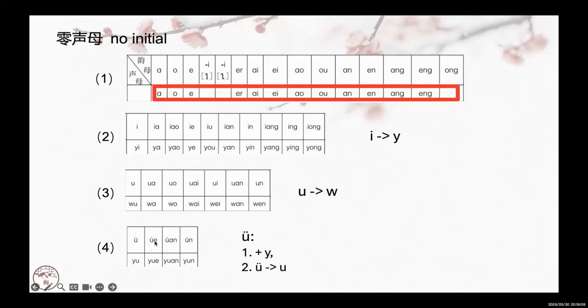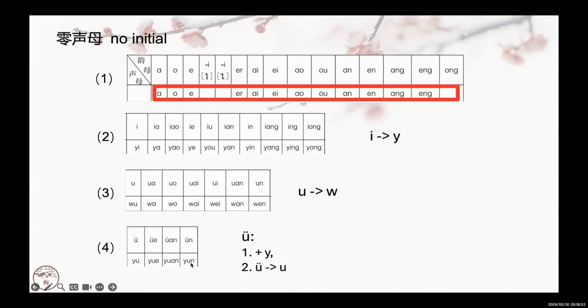From a final to a complete syllable, the form may change, but the pronunciation stays the same. The third one, yuan: we add y, we change ü to u, and we attach the rest. Yuan, yun.